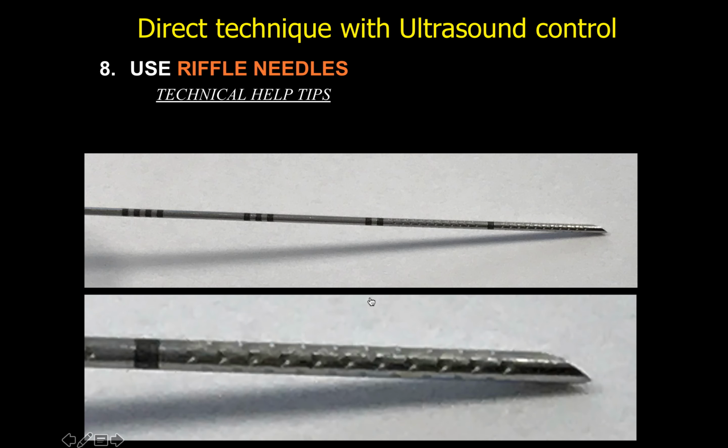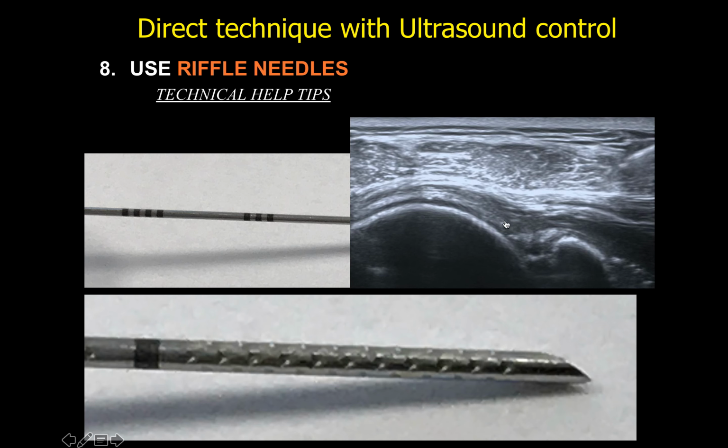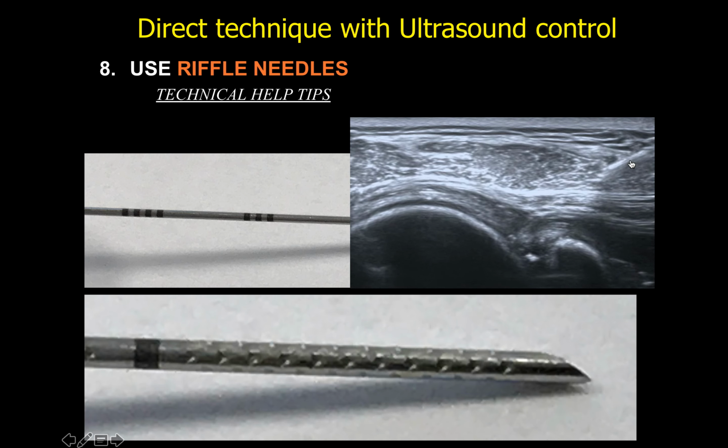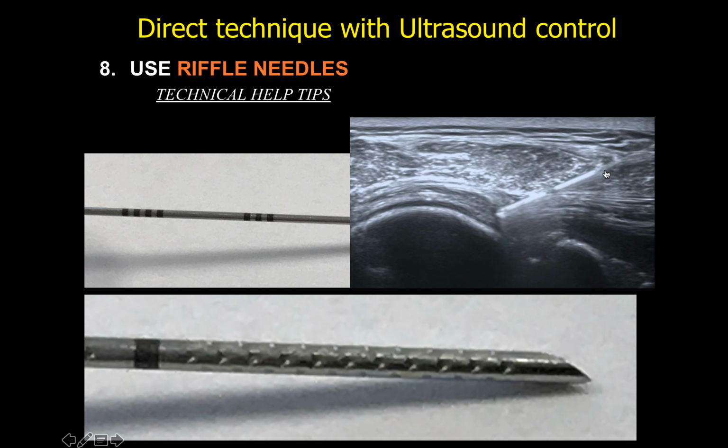And the last one, one of the most important, is in special places to use the rifled needles of some devices that we can use, like here, because the price of the needle is quite greater. It's much more expensive. We see the rifled part of the needle is seen quite better than the flat part of the needle.